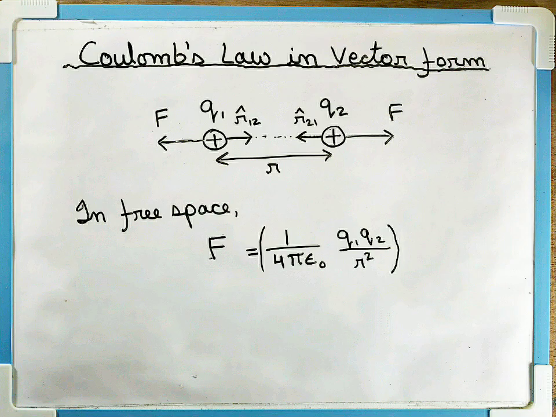The magnitude we know is 1 by 4 pi epsilon naught Q1 Q2 by R square. So this is the magnitude. Now the direction. Again here, I shall express this force in vector form.